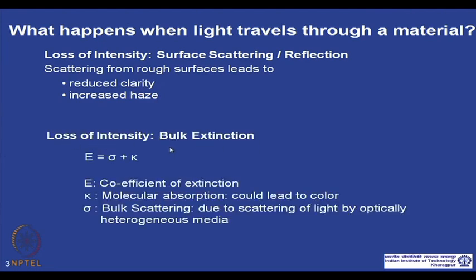In the bulk, what happens? In bulk there could be two things happening. One is scattering, which causes loss of intensity of light, and the other is molecular absorption, due to the presence of some chromophores or some pigment in the material, which could lead to formation of color in the medium.